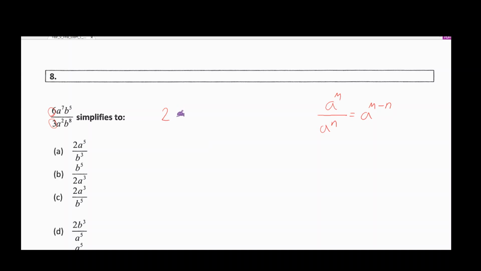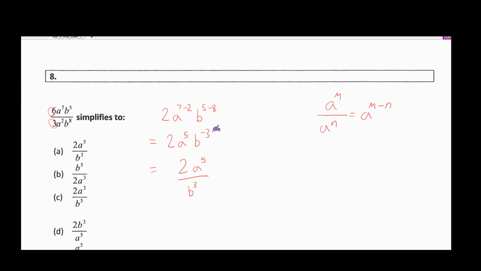So we're going to have here a to the power of 7 take 2. And b to the 5 over b to the 8, that's going to be b to the power of 5 take 8. This equals 2 times a to the 7 take 2, which is a to the 5, and b to the power of negative 3. It's going to be 2a to the 5 over b cubed.